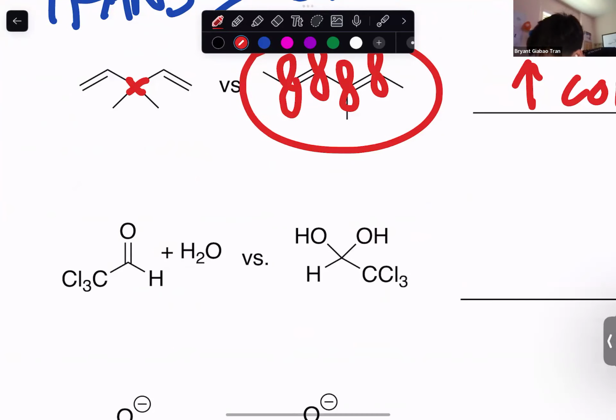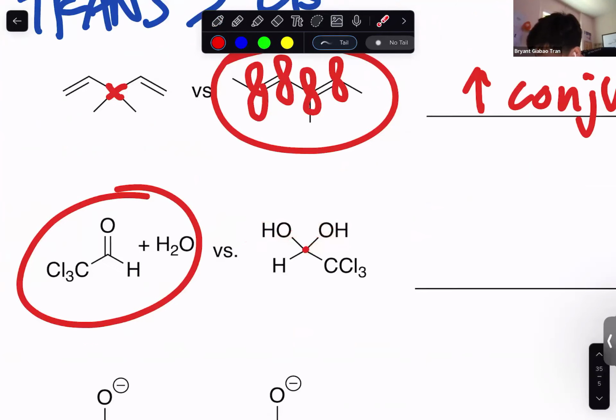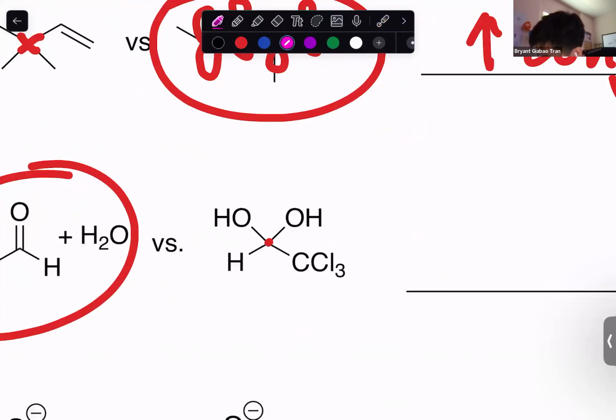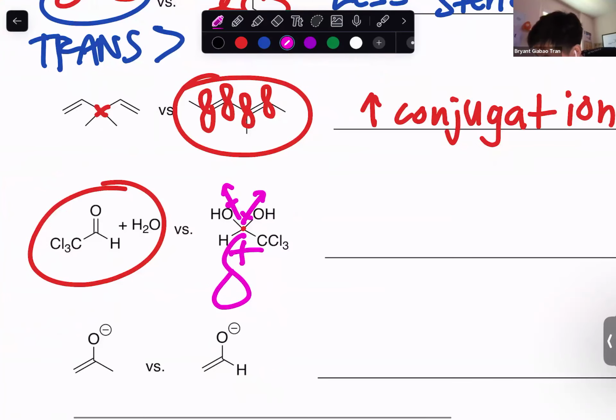Okay, next one. I said earlier that the carbonyl is more stable than the geminal diol, and the geminal diol is when we have 2 alcohols on the same carbon like that. The reason is that this carbon right here is attached to 2 electronegative atoms, making it very electrophilic, very positively charged, very unstable.